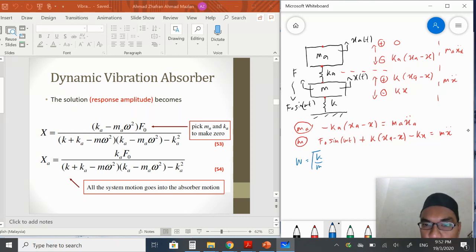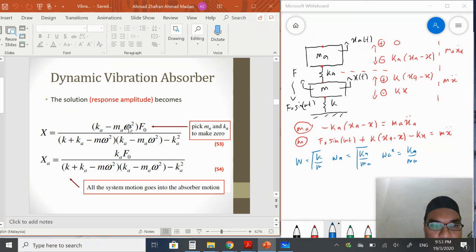So we can design the DVA to have omega a equal to ka over ma. So omega a squared is ka divided by ma. By this, when we design the DVA, the DVA natural frequency is the same as the operating frequency.